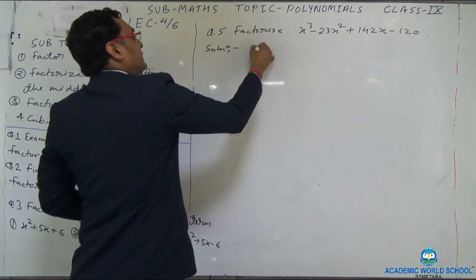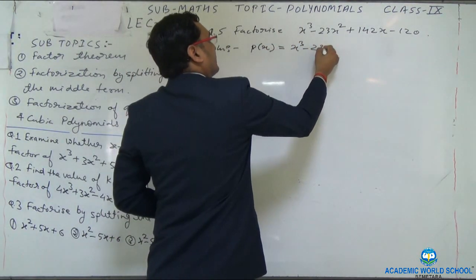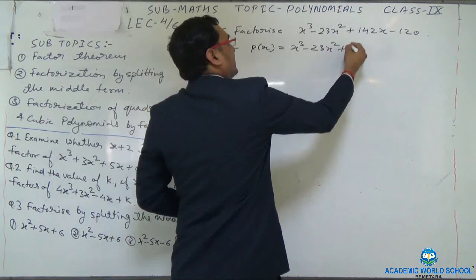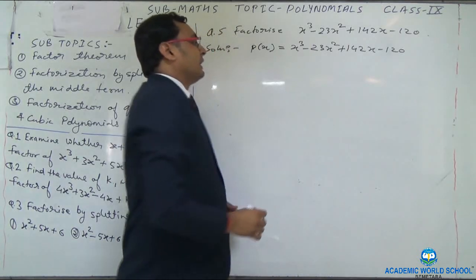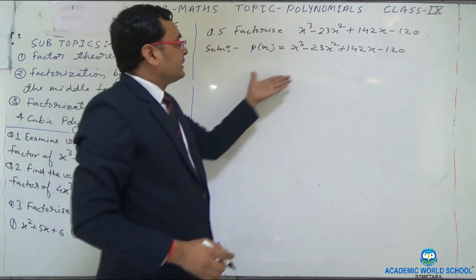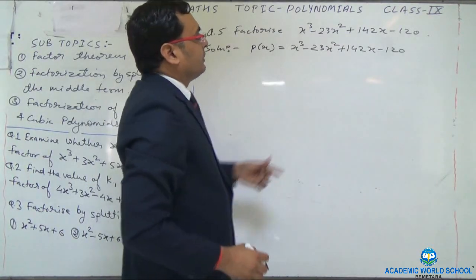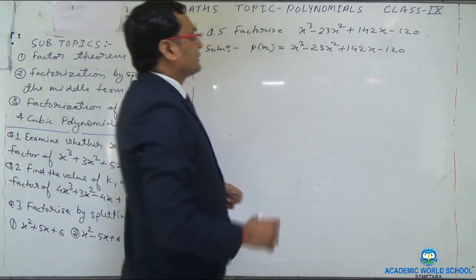Look at here, this polynomial P(x) is equal to x cube minus 23x square plus 142x minus 120. I have already told that factors of this polynomial will come from this constant term. So what are the factors of this constant term?